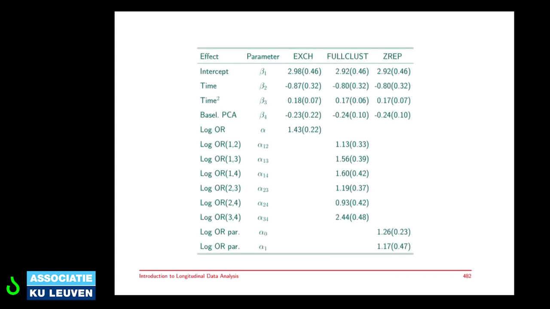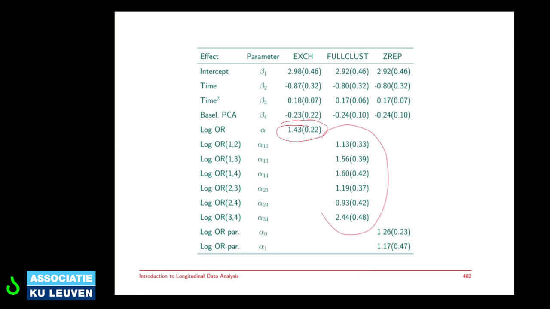So what we do see here is the log-odds ratio under exchangeability. Again, that's similar, I should say, as exchangeable with GEE, but the parameter is not directly comparable.